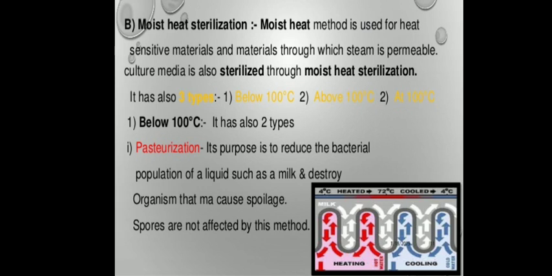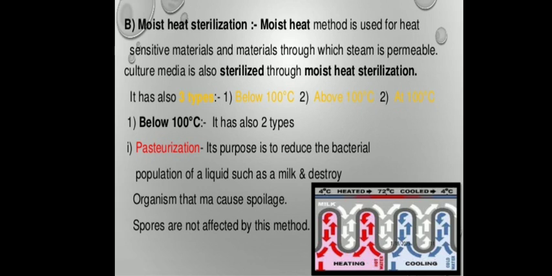So moist heat sterilization is used. Now moist heat sterilization also has three types, supplying heat depending on the temperature used for the sterilization of material. Moist heat sterilization has three types.